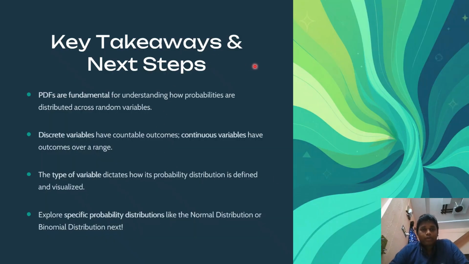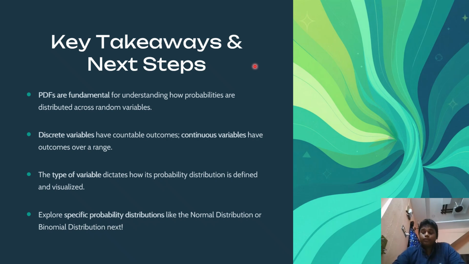Key takeaways or properties of probability distribution functions. Probability distribution functions are fundamental for understanding how probabilities are distributed across random variables. Discrete random variables have countable outcomes; continuous variables have outcomes over a range. As discrete variables have distinct values, the outcomes are countable.